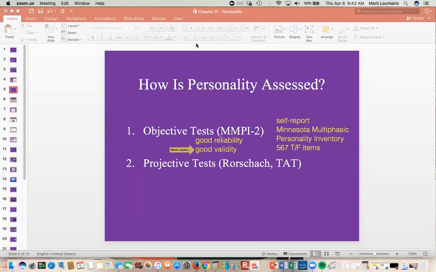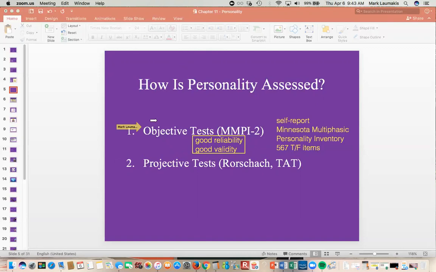And this is going to be one of the major ways in which you can contrast the objective testing approach up here with the projective approach down below. Because as we talk about projectives in just a bit, we're going to see that they have relatively poor reliability and relatively poor validity. So if you ask me which way should I go if I'm going to do personality assessment, I'd be a much bigger fan of objective tests because they've got the good reliability and the good validity.